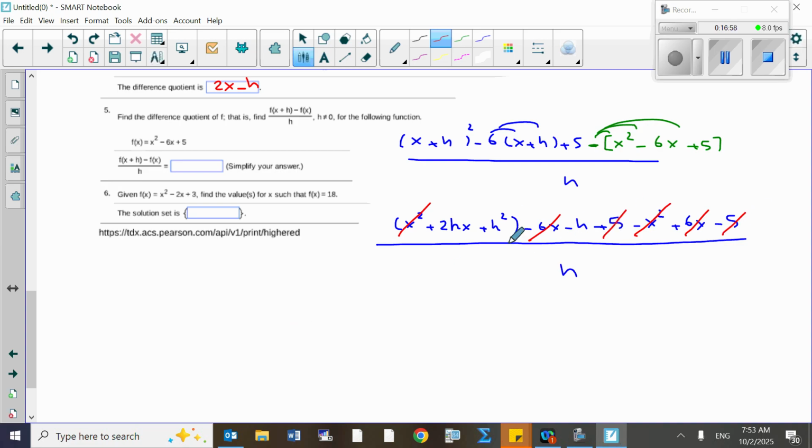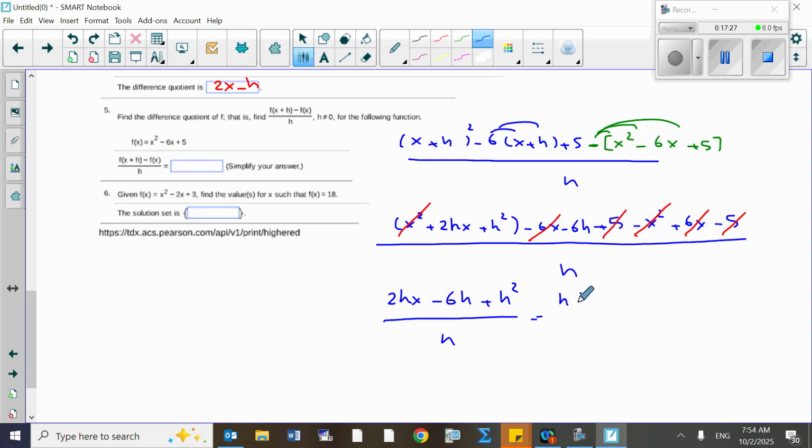Okay, let's see what we have here. And also this was negative 6x. I forgot to write that. Let me fix that for you. Okay, so this was negative 6x. Now let's see what we have left here. We have 2hx minus 6h plus h squared, divided by h. As you see, h is in common between all these terms.